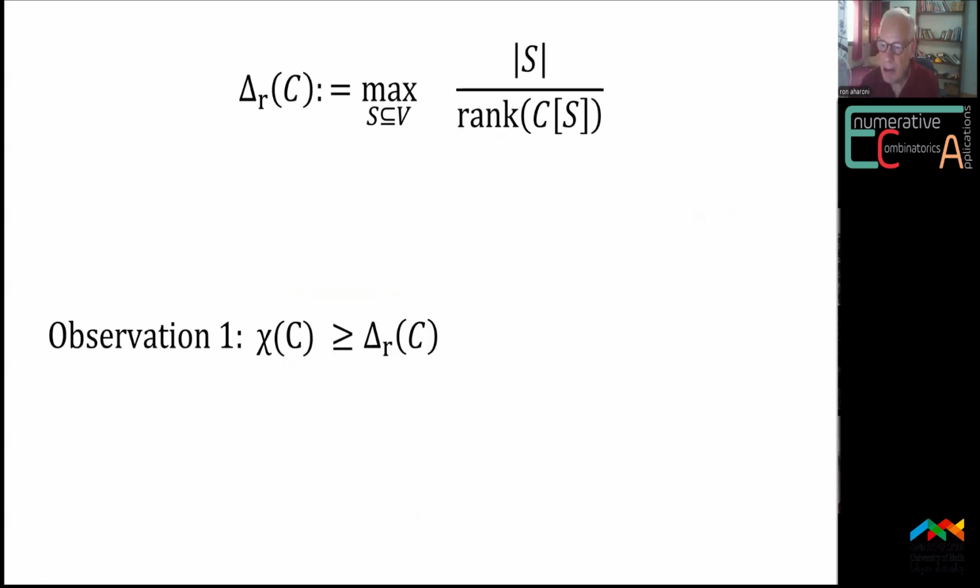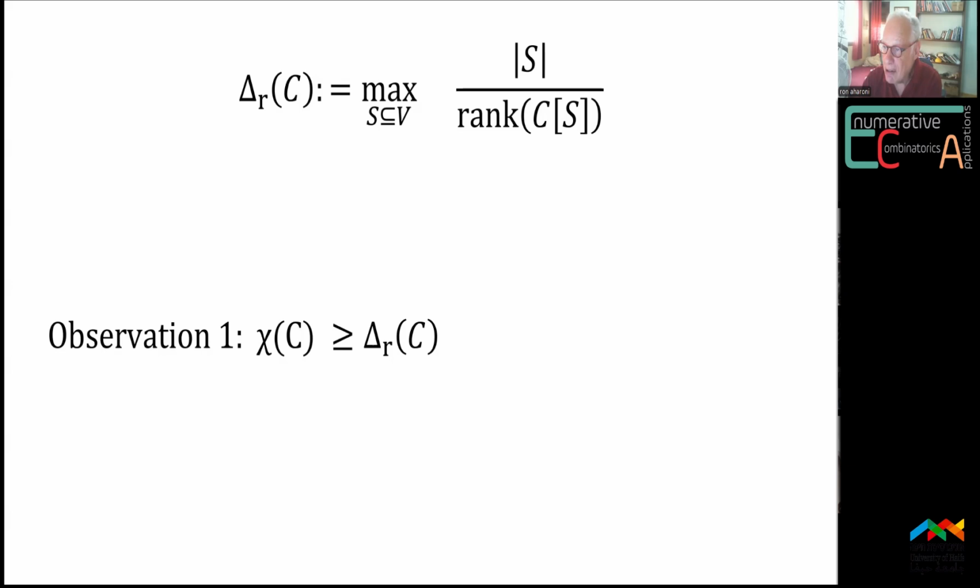Okay, some definitions. Delta R, R here is for rank. Delta R of C is the maximum over all sets S of the size of S divided by rank. Now, what is the meaning of this? It means that if you want to cover S by sets from the complex, each of them is of size at most rank C, then you need at least this number.